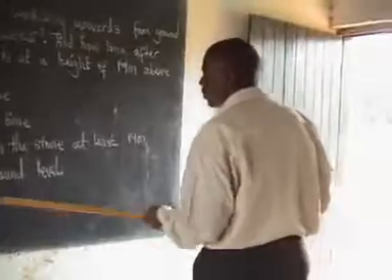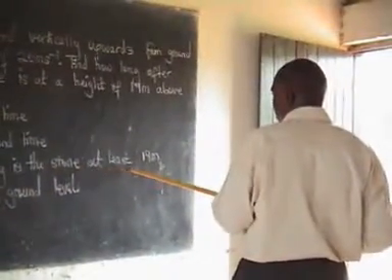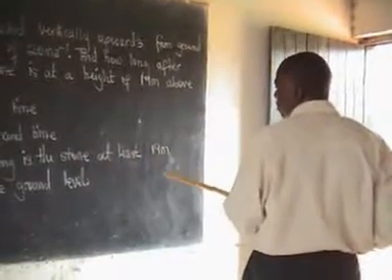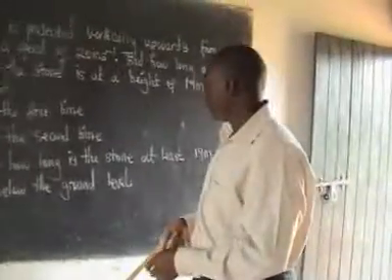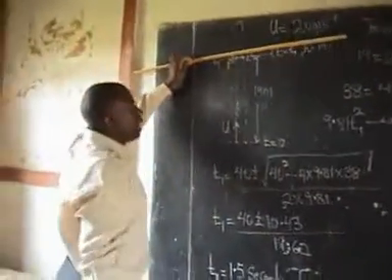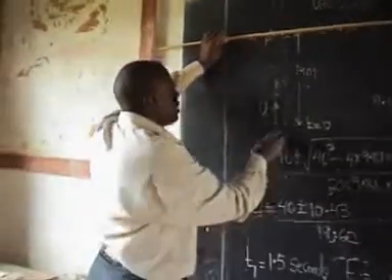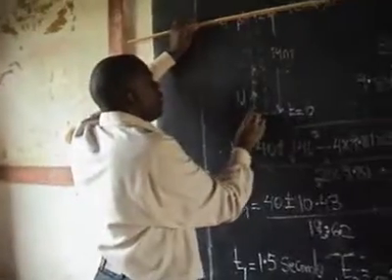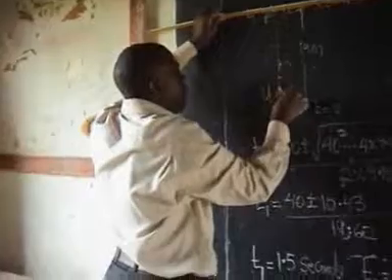Then part C, for how long is the stone at least 19 meters below the ground level. They want us to find the time below 19 meters above the ground. So in this case, the time taken to move from here up to there is the same time taken to move from here up to there.